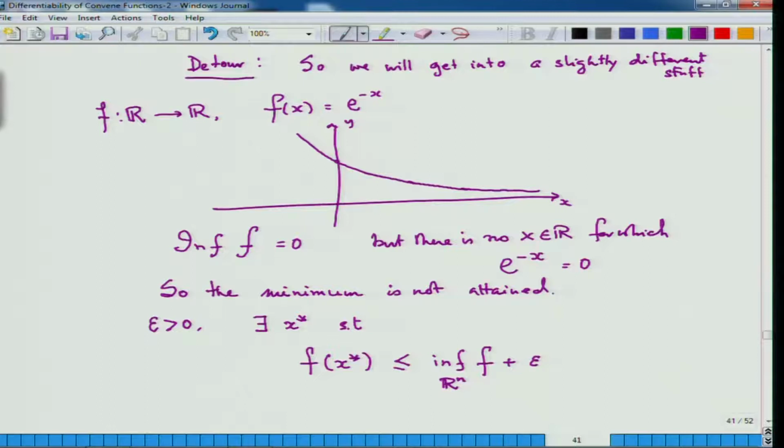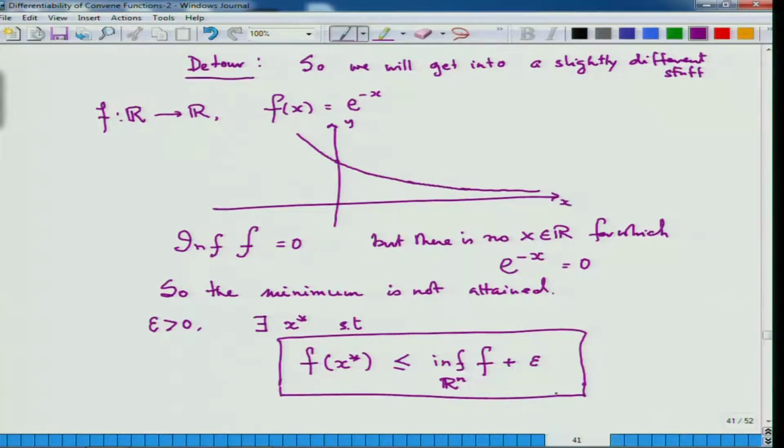If you change the epsilon, this x star will get changed. So, once I give the epsilon, you are always able to find this x star. Any x star which satisfies this property is called an epsilon minimum of f over R n.